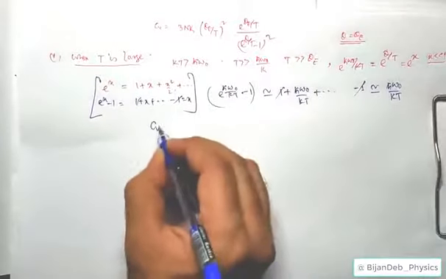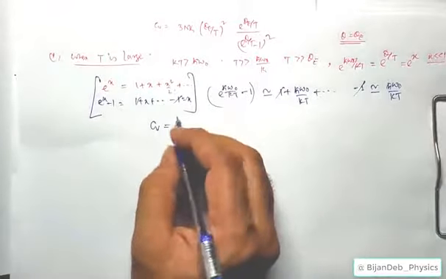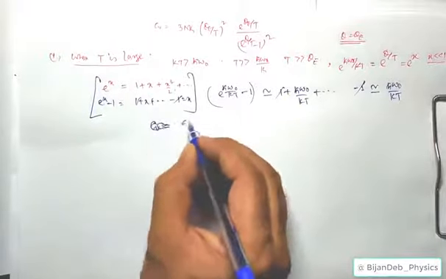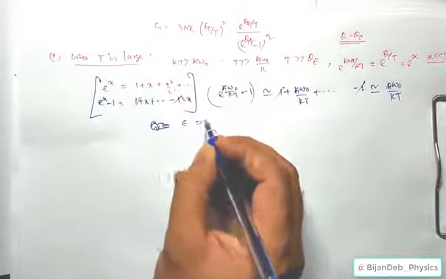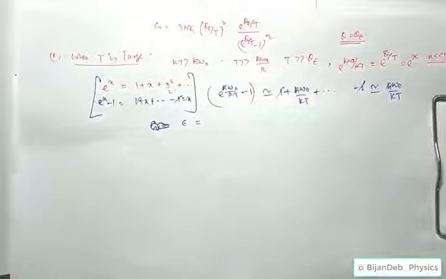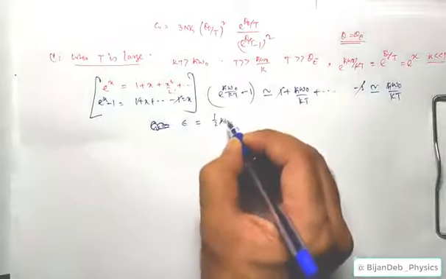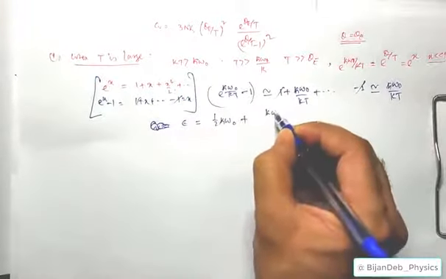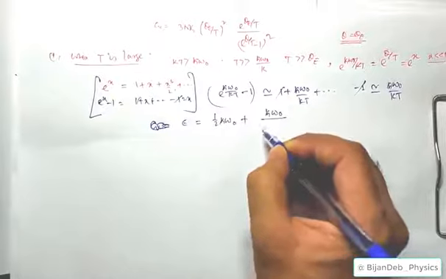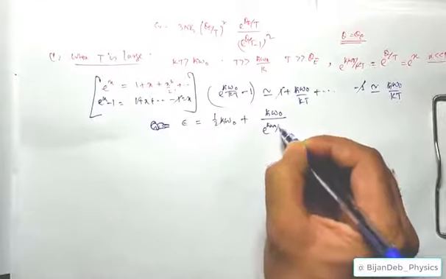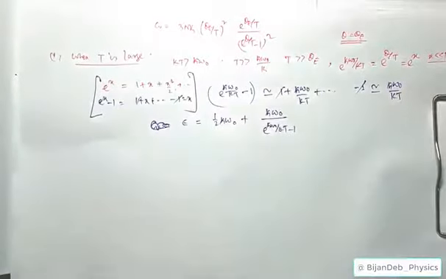So what will be the Cv value, or you can also find the total energy. The total energy expression was half h cross omega 0 plus h cross omega 0 over (e to the power h cross omega 0 by kT minus 1).